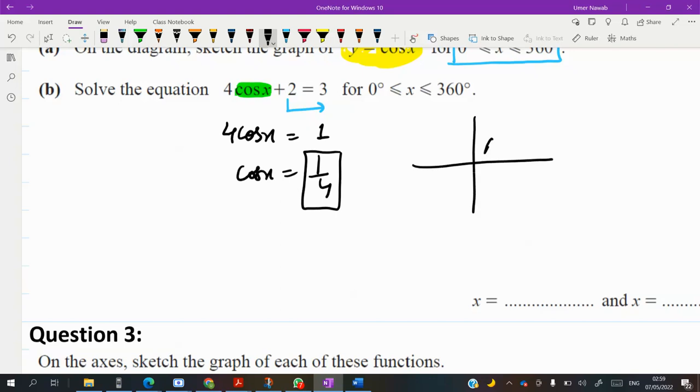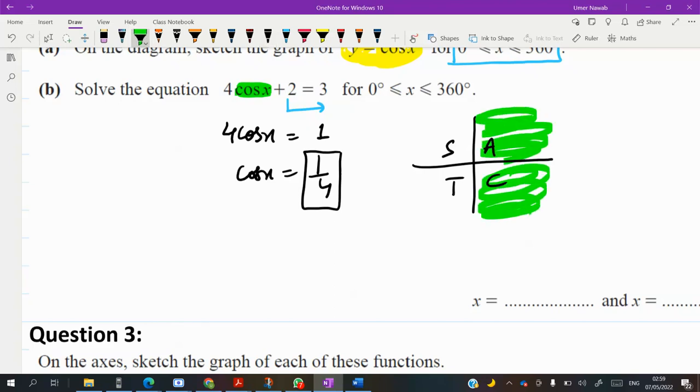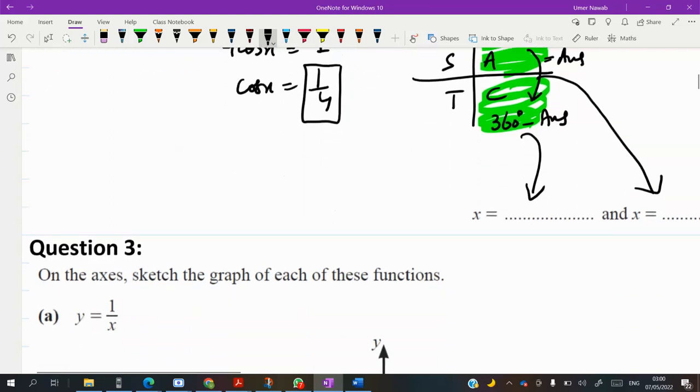If your answer is positive, according to the ASTC diagram, which I have already explained to you, cosine is positive in this quadrant and in the fourth quadrant. So what you will do, you will write shift cosine in the calculator, get your answer, and then to drag your answer into the fourth quadrant, you write 360 minus whatever the answer comes here. You write 360 minus answer, and then you write your two answers over there.